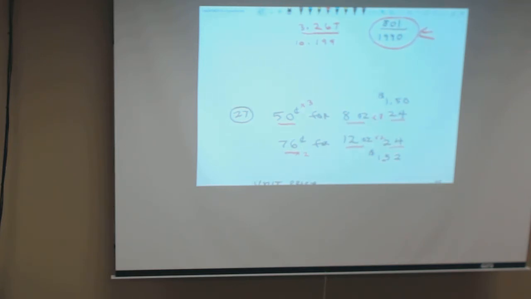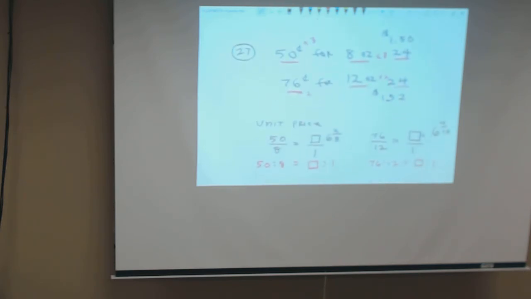Since they say find a unit price, that means 50 to 8 equals something to 1. If 8 ounces is 50 cents, the unit price would be 1 ounce for what? And that would be what?